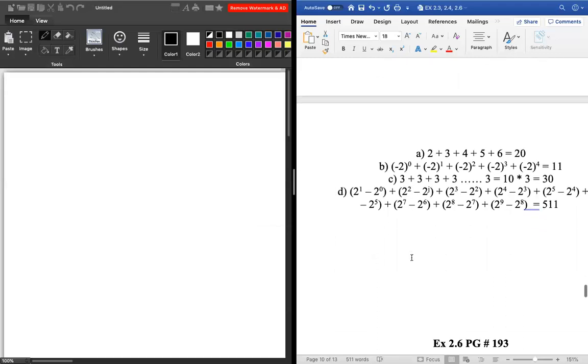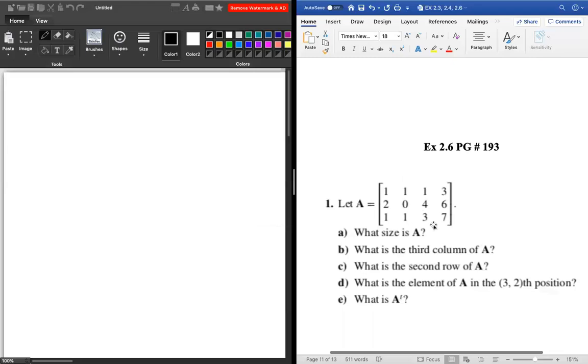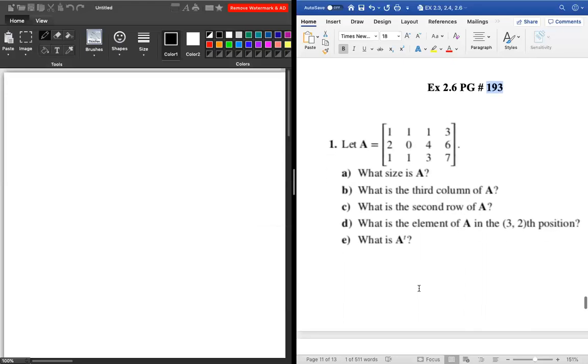Okay, if no question, let's move on to the next exercise. So this next exercise is exercise 2.6, which is on page 193 of your textbook. This exercise basically involves the use of matrices. So here we have this matrix A, and we are asked what the size of A is.